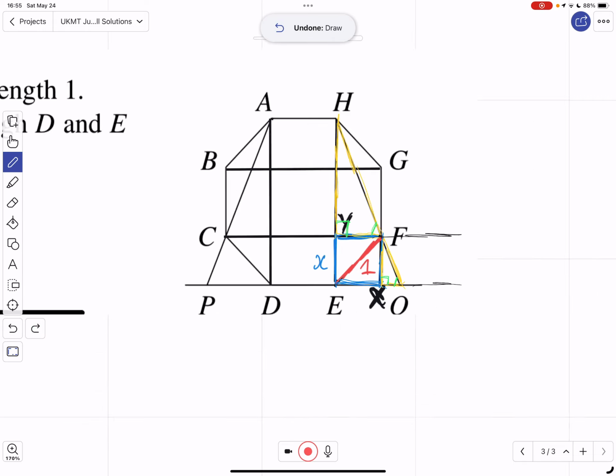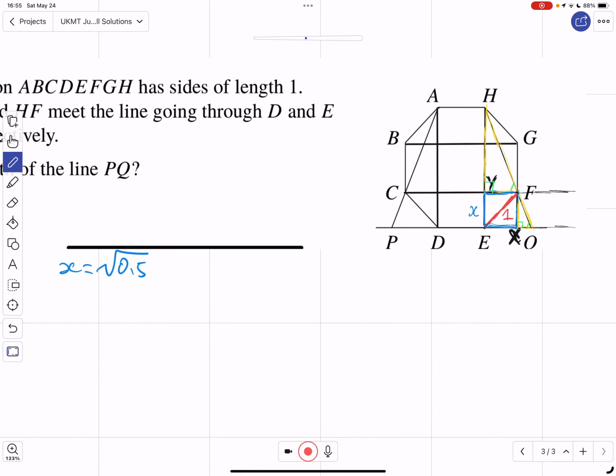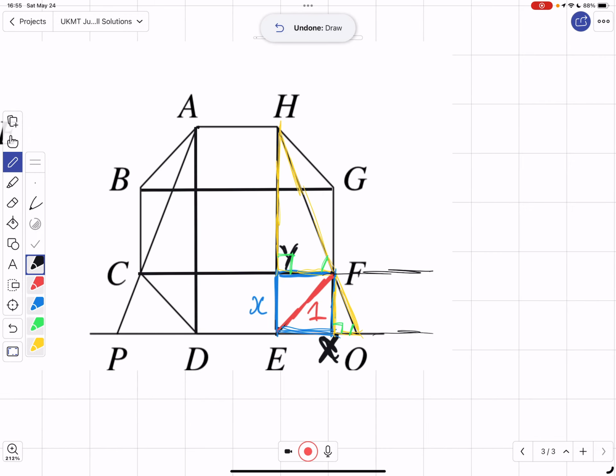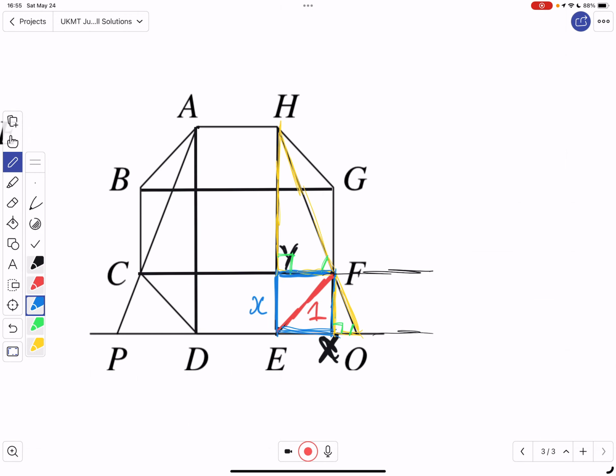Now, we're going to use this fact to our benefit. This length over here is also x, right? And this tall length over here is x as well, because this is just this but moved, because this octagon once again is regular.